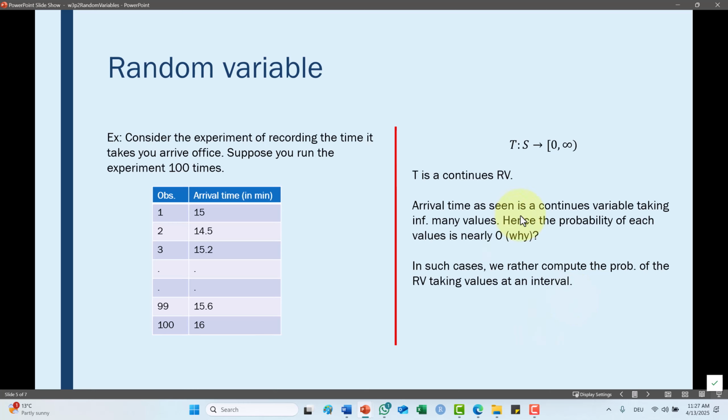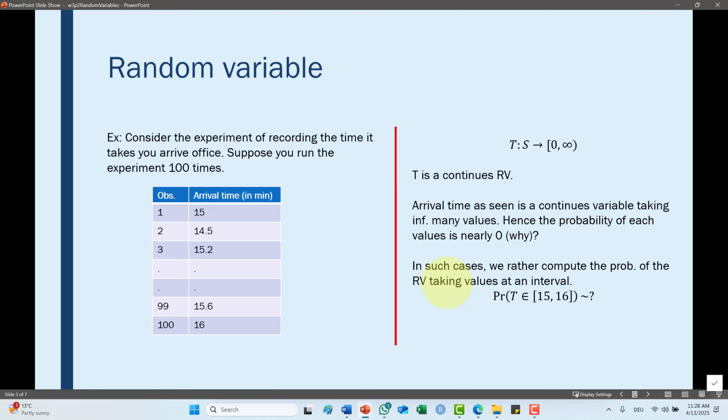Therefore, in the case of continuous random variables, calculating the probability of every single value in the range doesn't make much sense, because it is anyway 0. In other words, for example, the probability that you arrive in 15.2 minutes at the office is nearly 0.